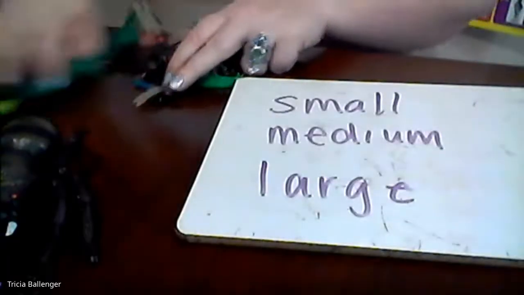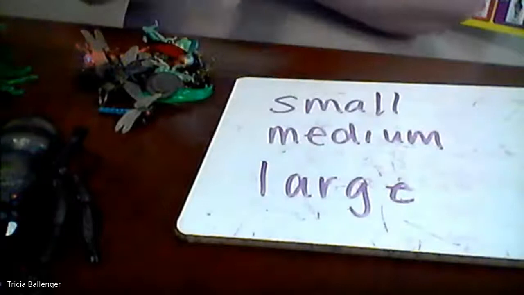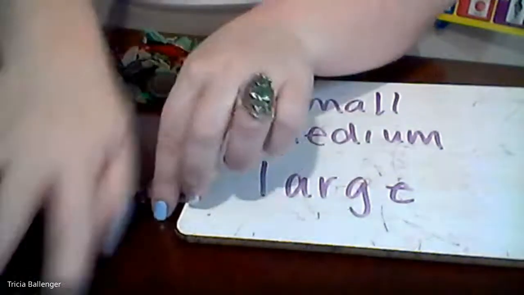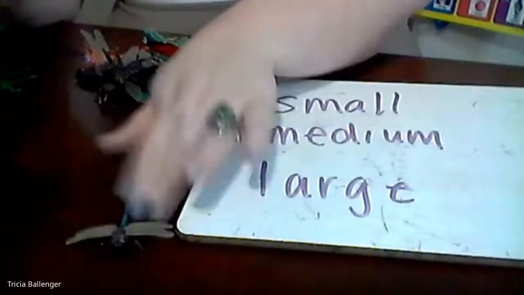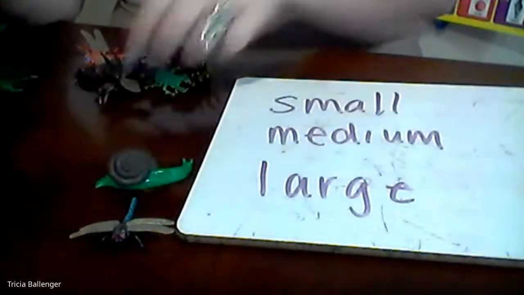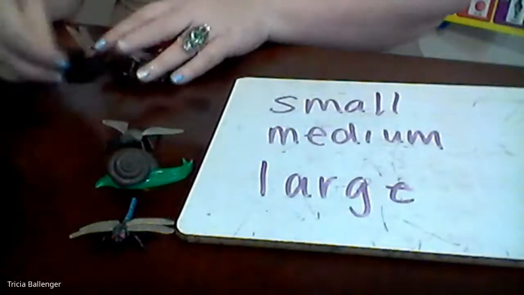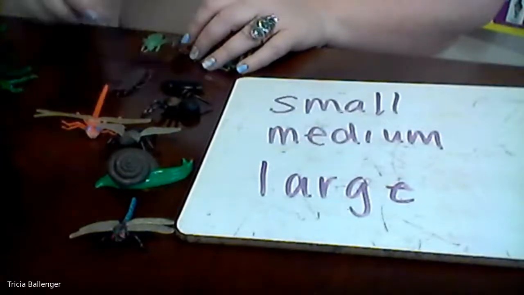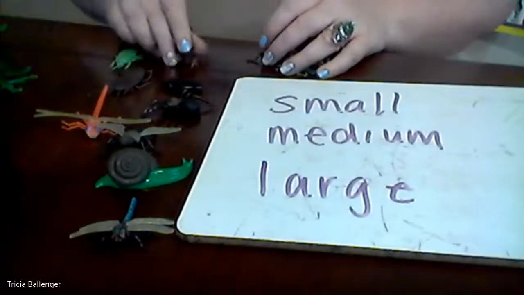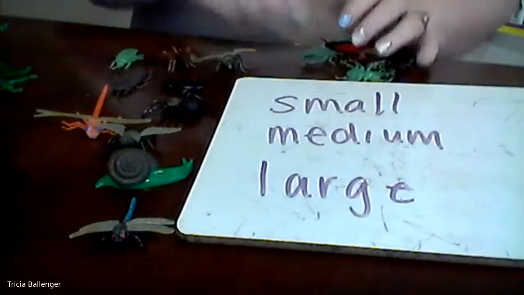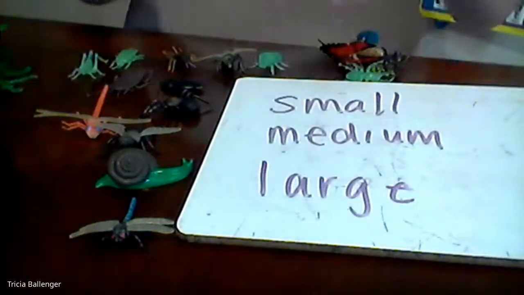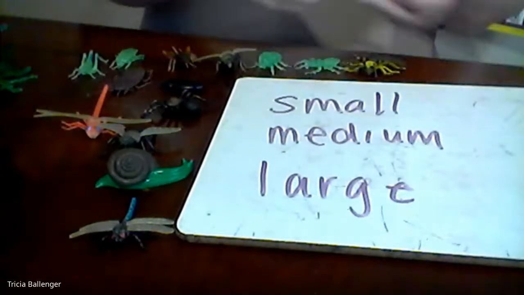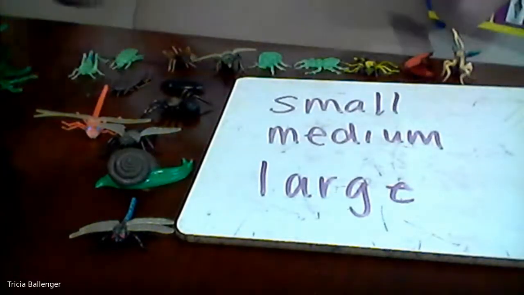All right, so let's count our small first. 1, 2, 3, 4, 5, 6, 7, 8, 9, 10, 11, 12, 13, 14, 15, and 16.